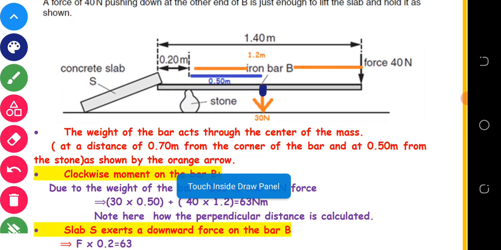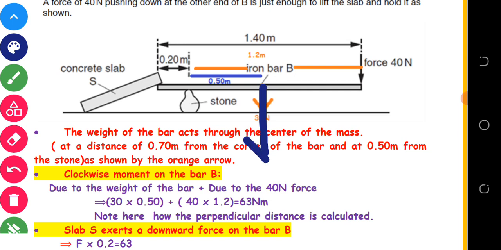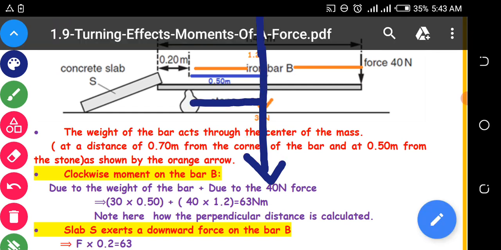For our 30 Newton force, its distance from the pivot is 0.5 meters. Remember, this 30 Newton is in the center of the iron bar. So it's half of 1.4, which is 0.7. So from this end to the center, the entire length is 0.7 meters.